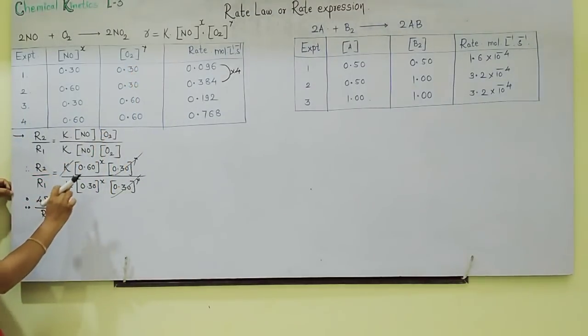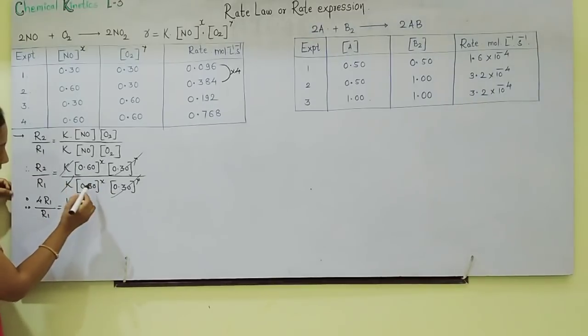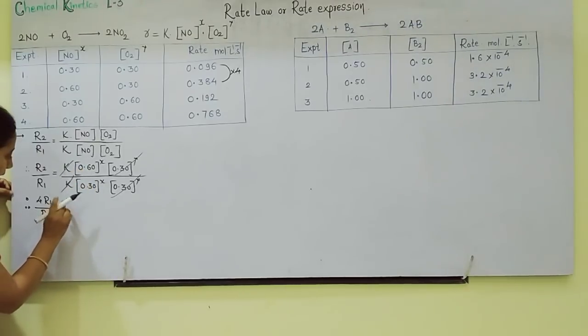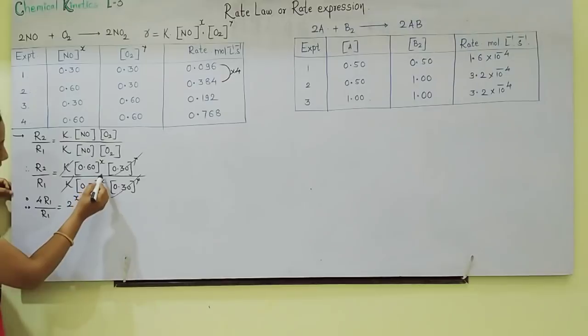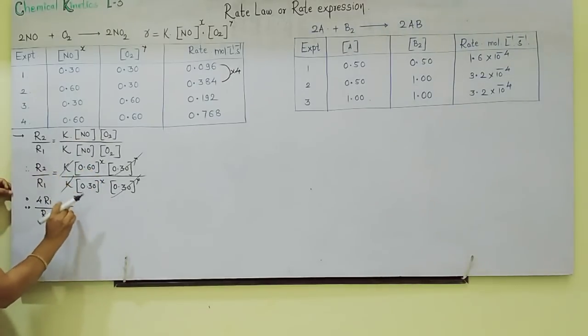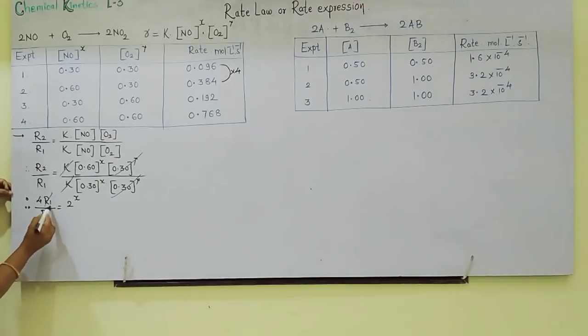What will you see here? 0.60 and 0.30, it is 2. So what comes upside? 2 raised to X. 0.30 raised to X and 0.60 becomes 2 raised to X. R1 got cancelled.